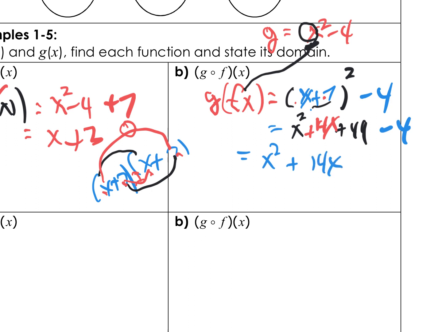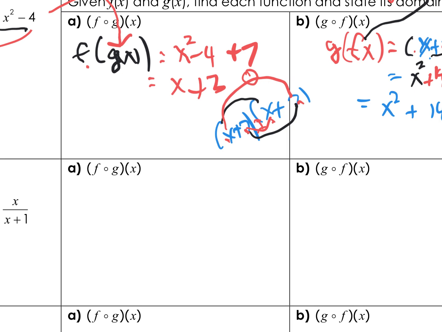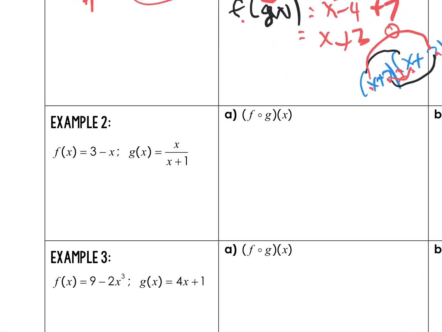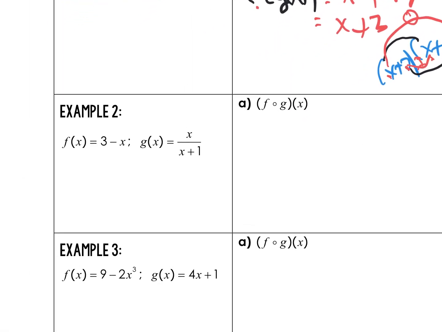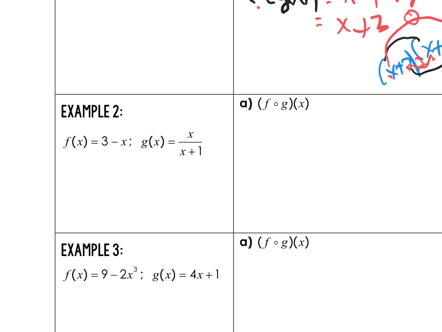And then, of course, 49 minus 4 should be 45. So composite functions is nothing more than a function eating another function. This is not new. It should have been taught in your Algebra 2 class. All right, f of g implies g is getting eaten by the f.